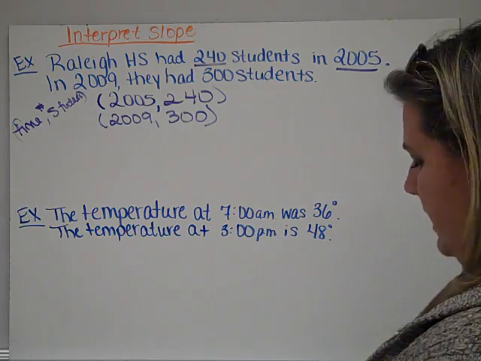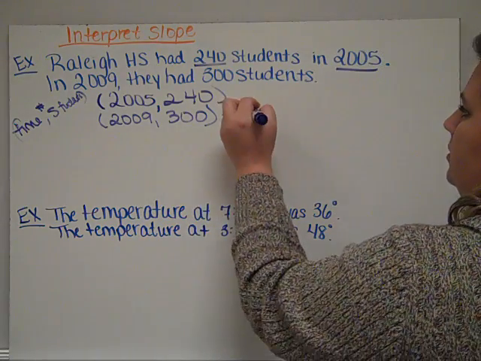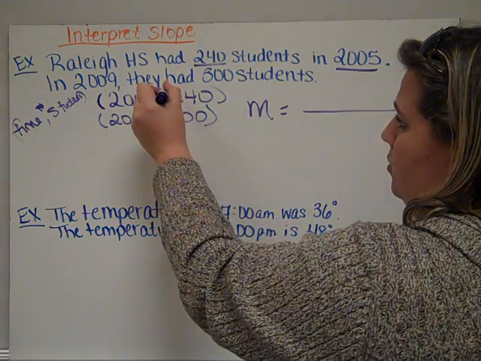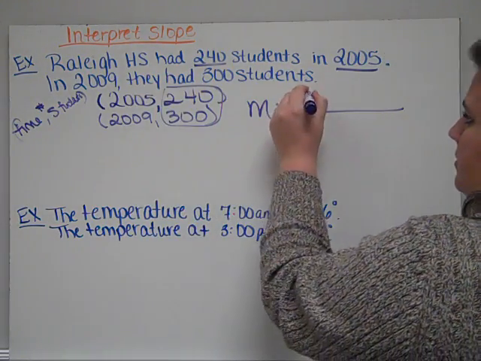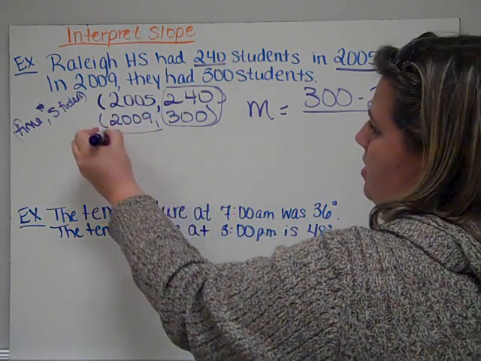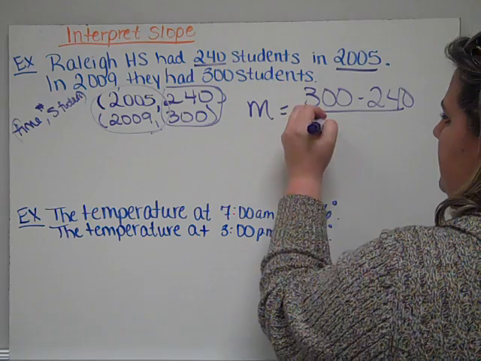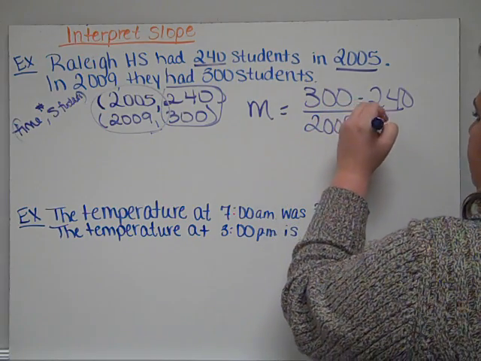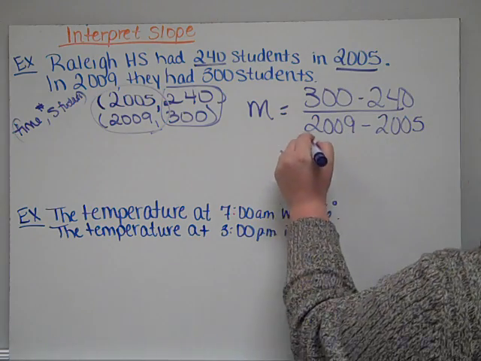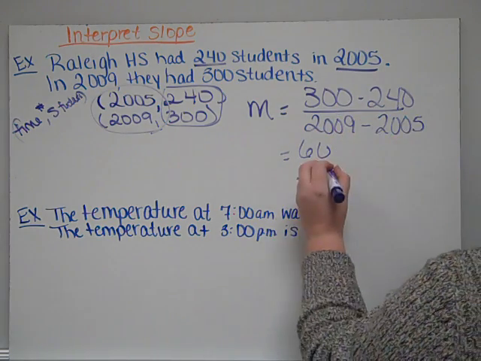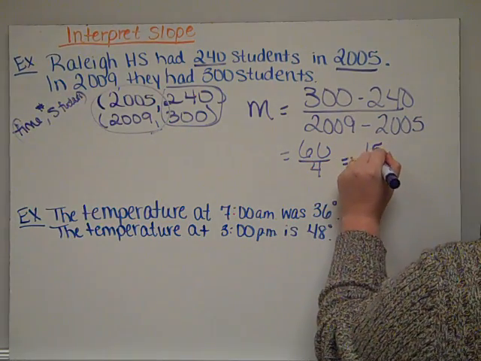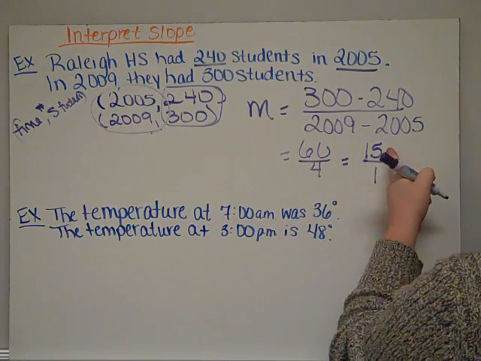Okay? So when I solve for my slope, remember, we take our y's, 300 minus 240. We take our time, and then of course the difference of that, 300 minus 240 is 60, and then that is 4. And simplify a little further down, 4 goes into 60 15 times.